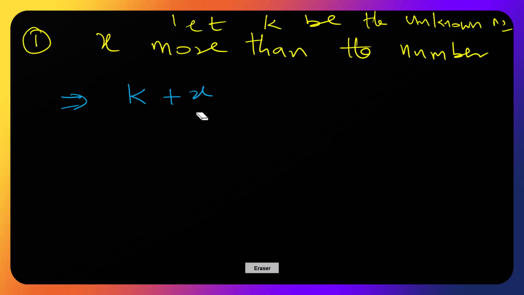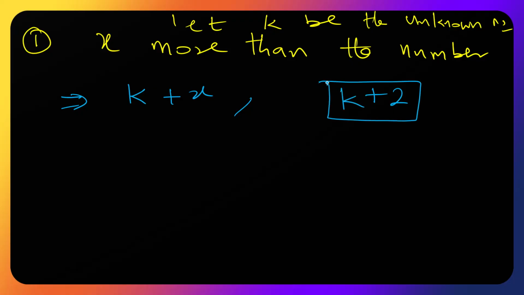So x more than the number is this. Now 2 more than the number. We are saying k should be the unknown, so k plus 2. 7 more than the number, that will be plus 7 to the unknown variable. So that's that.